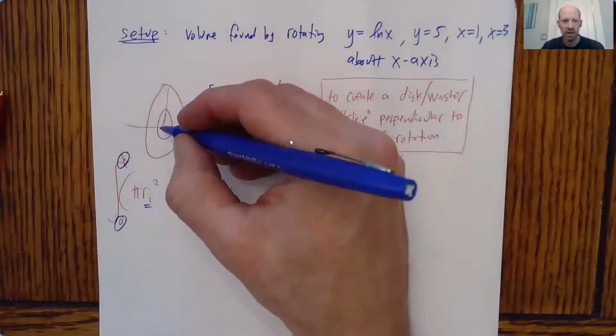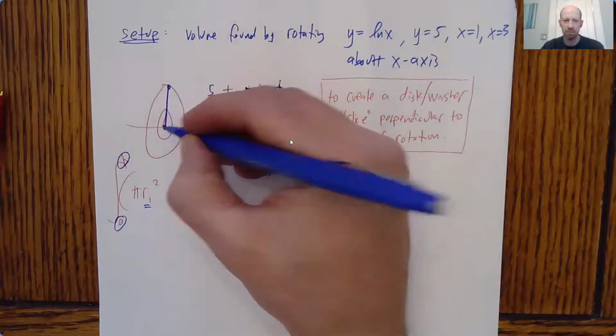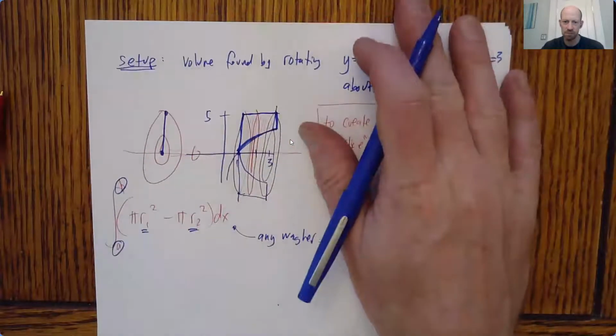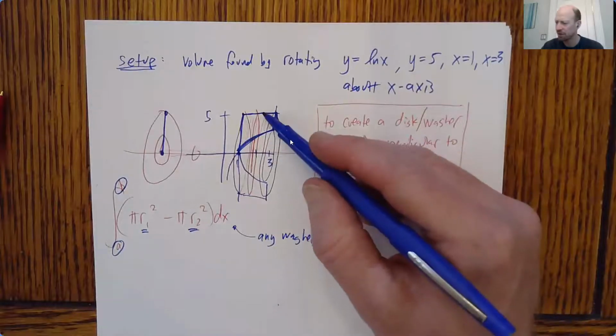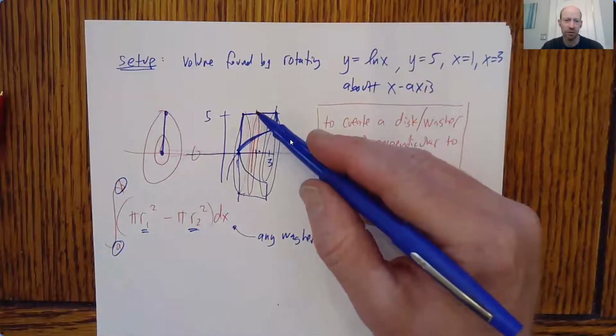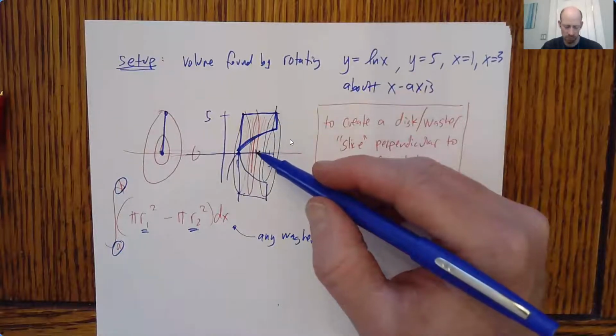So looking at my shape here, this bigger radius, the way to find a distance is just take the larger value minus the smaller value, but the larger value here is always 5 and the smaller value is 0.